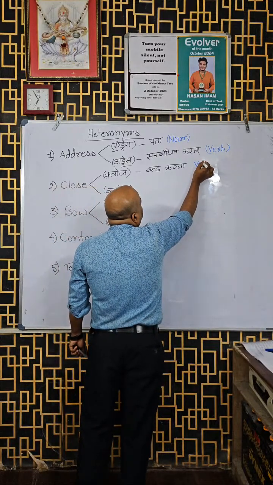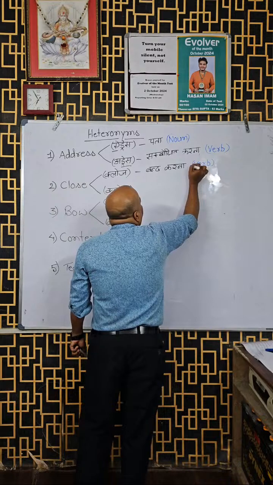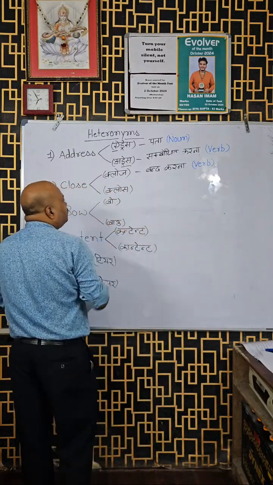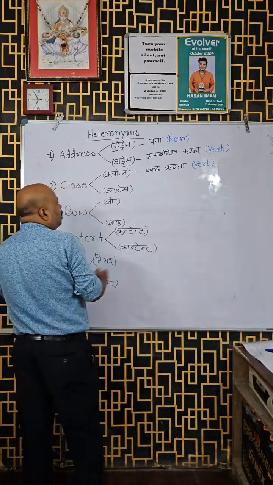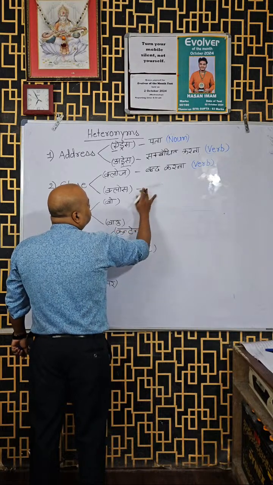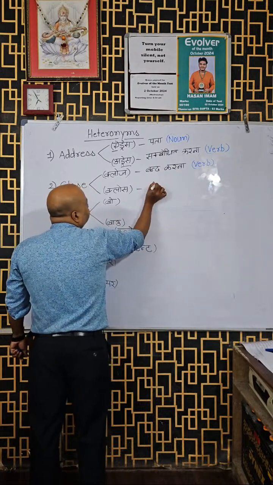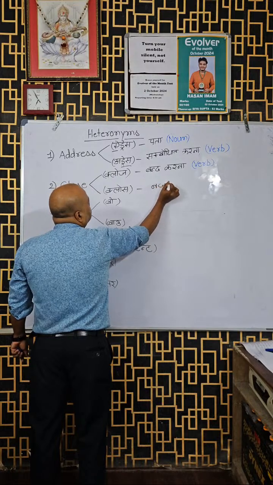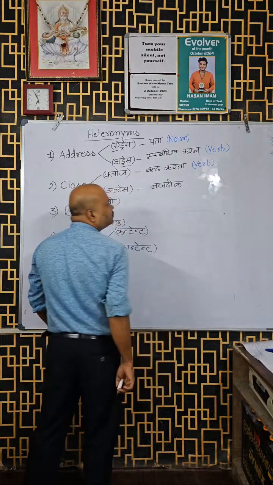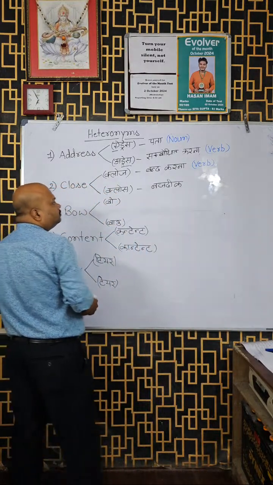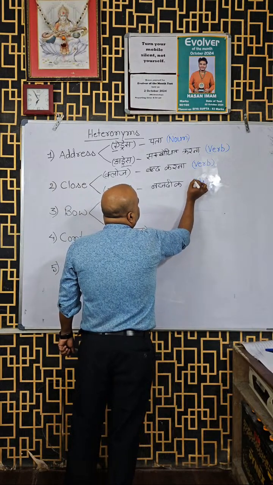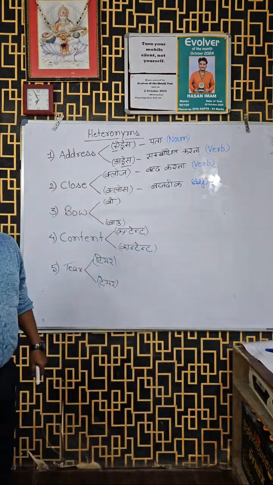This is a verb, whereas this particular thing, close, is nazdeek. And this one is an adjective.